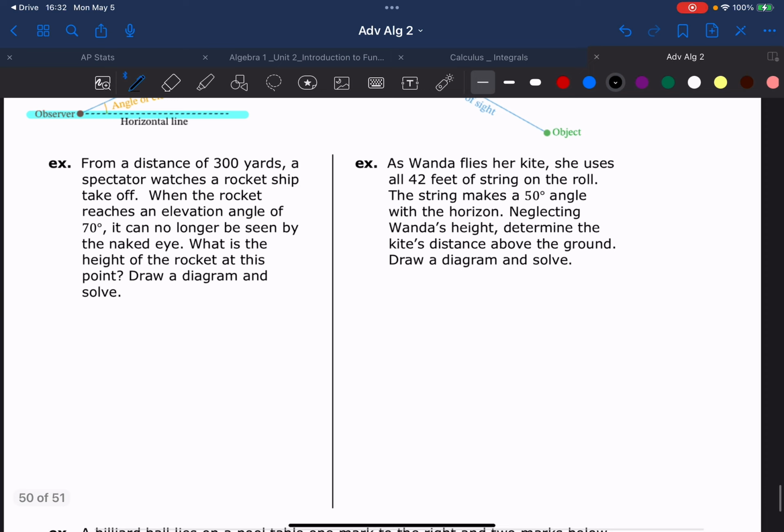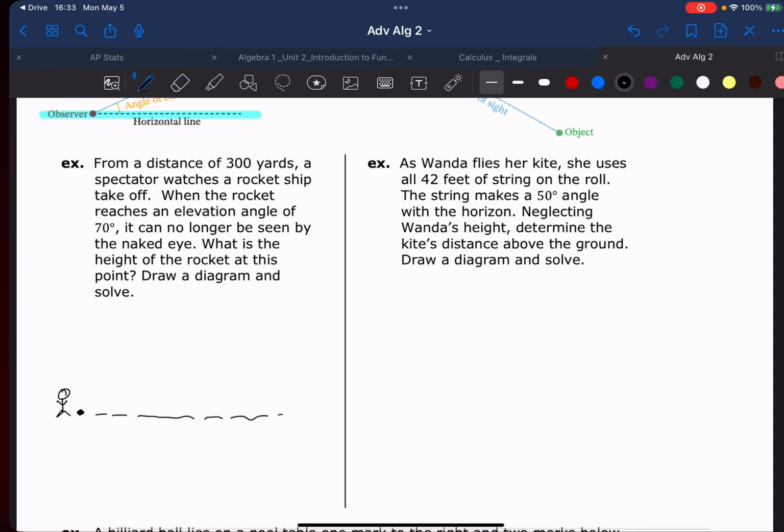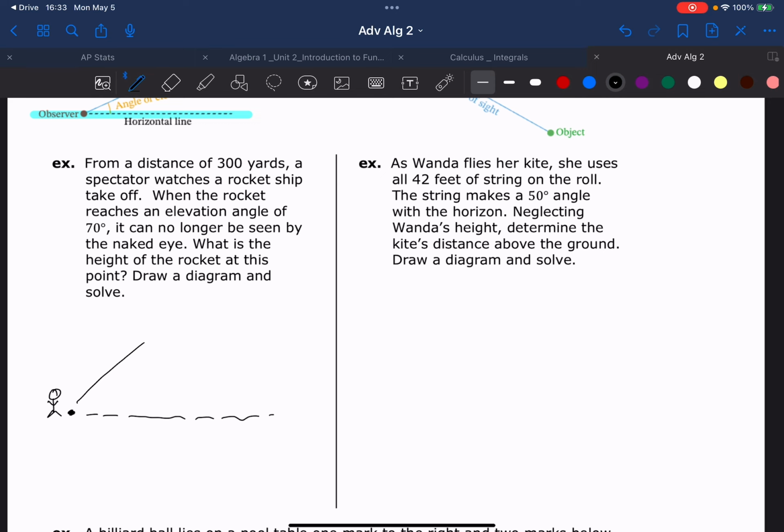Okay, so we have our little person here. Okay, he's our observer, which means he is observing from the ground. Okay, he is watching a rocket be launched. Okay, so this is his sight. He's watching a rocket being launched. Okay, and it says that the elevation angle of this is 70 degrees.